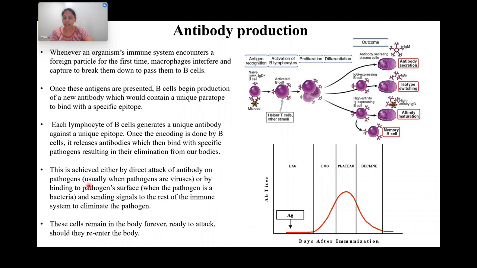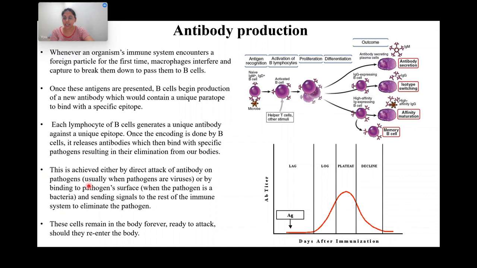So either it can itself induce lysis of the cell, or it can call upon macrophages or lysosomes or any other procedure which can lead to lysis of the cell. And as I mentioned, they remain in the body as memory cells, so the next time these antigens are encountered, these are the first cells to respond to them.